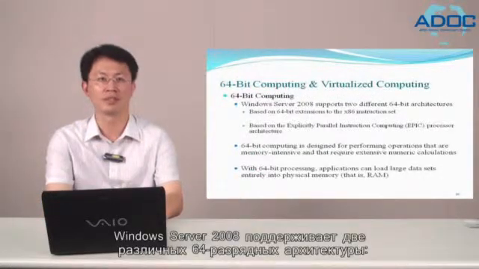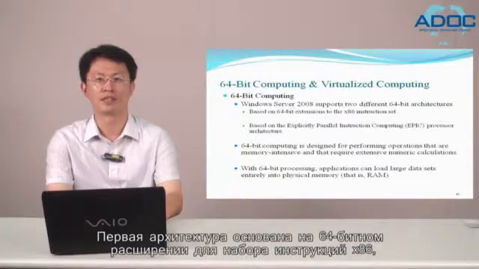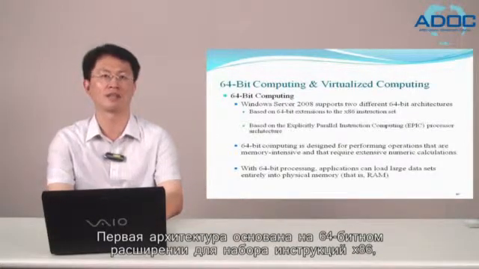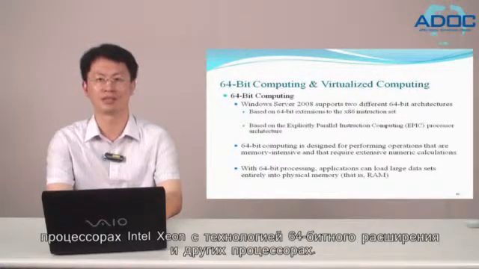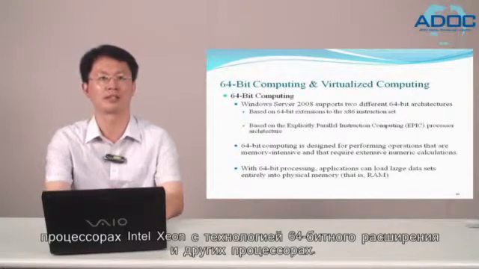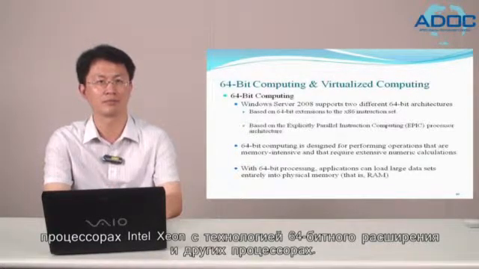Windows Server 2008 supports two different 64-bit architectures. The first architecture is based on 64-bit extensions to the x86 instruction set, which is implemented in AMD Opteron AMD64 processors, Intel Xeon processors with 64-bit extension technology, and other processors.